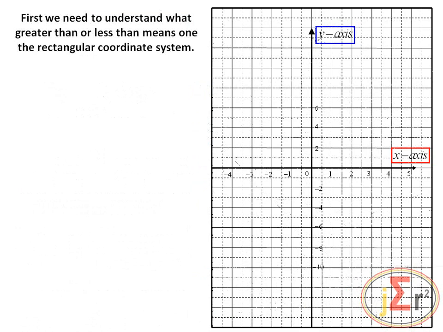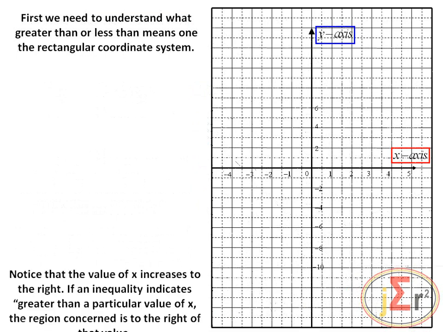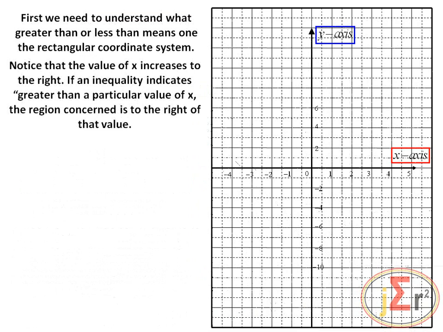First, we need to understand what greater than or less than means on the rectangular coordinate system. Notice that the value of x increases to the right. If any inequality indicates greater than a particular value of x, the region concerned is to the right of that value.